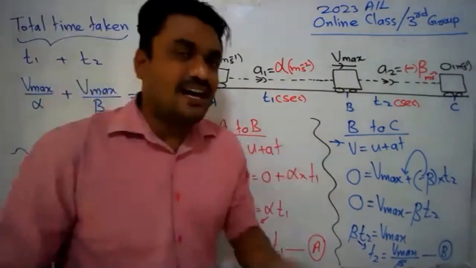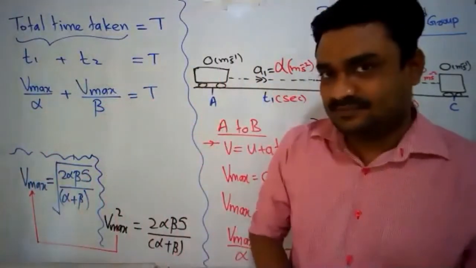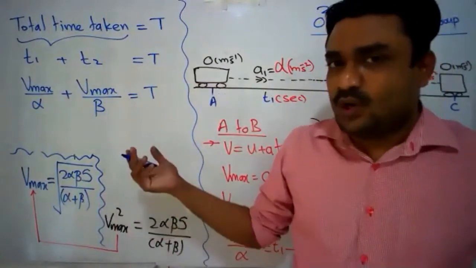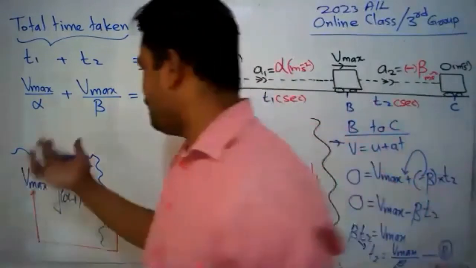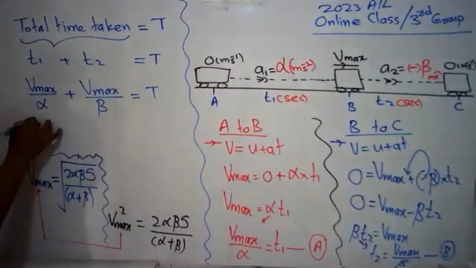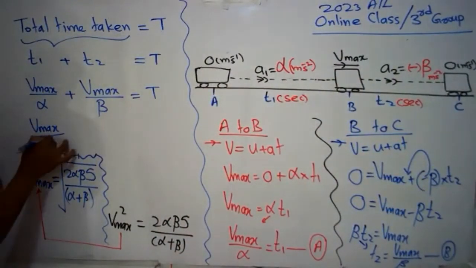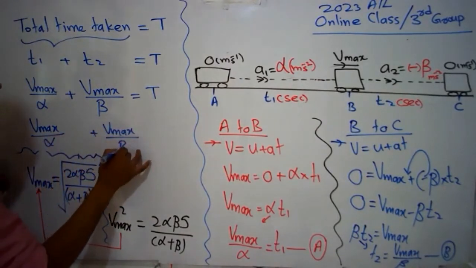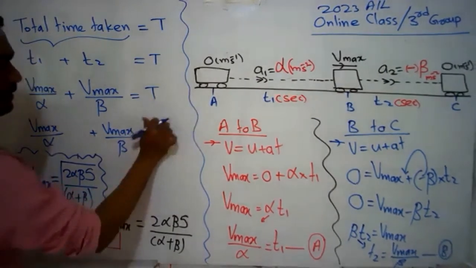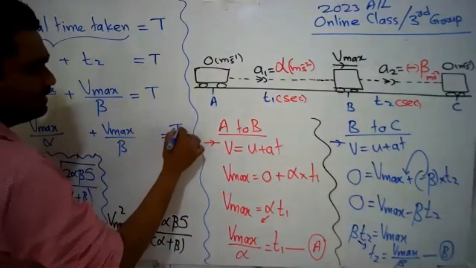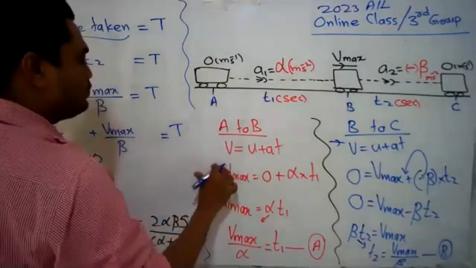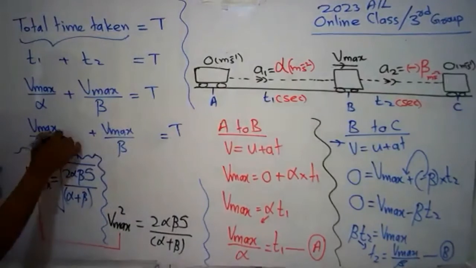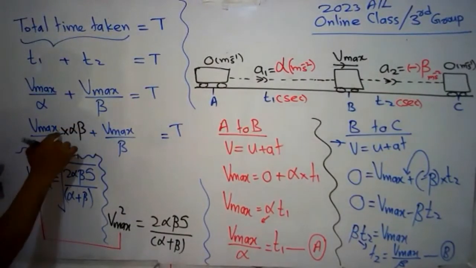Now, if you look at the answer, you will see alpha into beta in your answers. Or if you don't see such a thing, the easiest method to simplify this kind of equation is to look at both: V max over alpha plus V max over beta equals capital T. The easiest way to simplify this is to multiply this term by alpha beta.